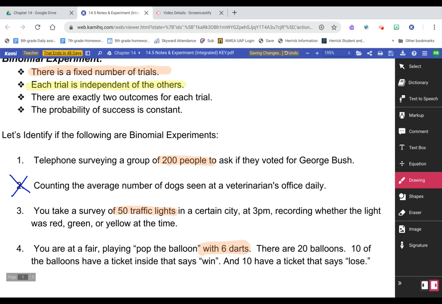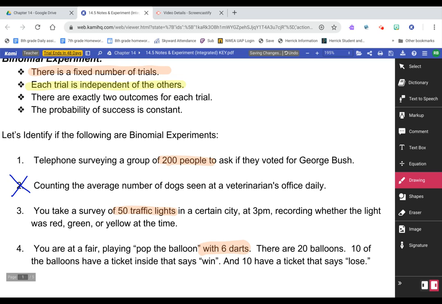There are 20 balloons. 10 of the balloons have a ticket that says win. 10 of the balloons have a ticket that says lose. This is not independent because if you throw a dart and you pop a balloon with your first dart, the second dart on whether it's going to hit a balloon that says win or lose is now affected.